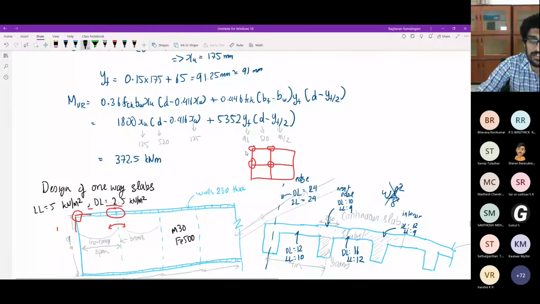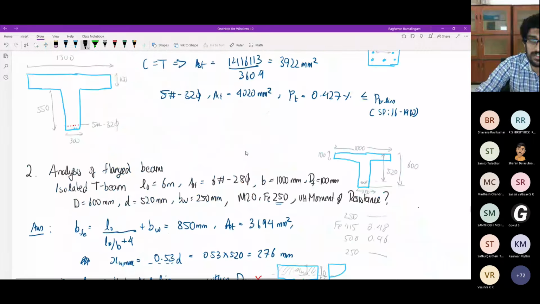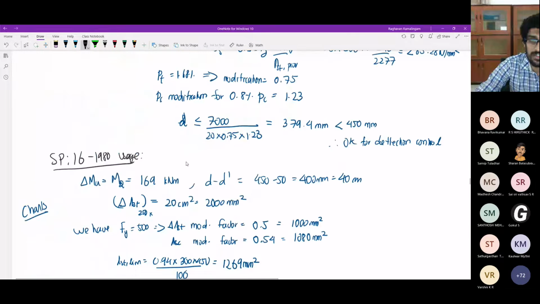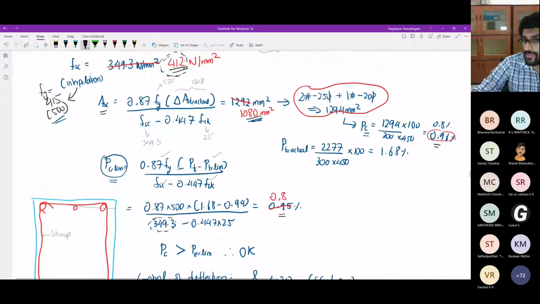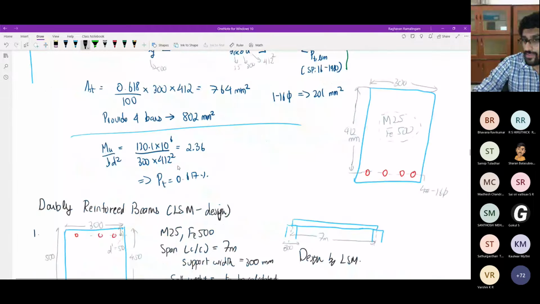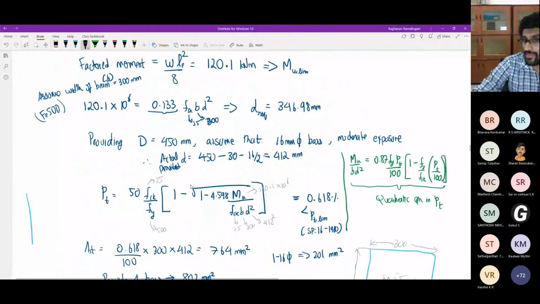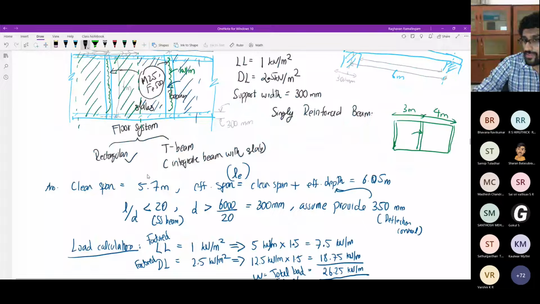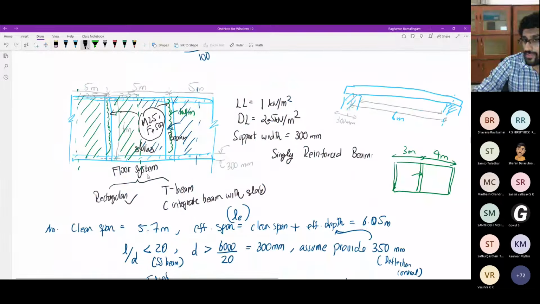We designed it for moment. Now we are doing the same thing for shear. Initially, when we designed this for moment, we assumed some depth 350 mm, but in the end we calculated that it should be 410 mm rather. So we use 410 mm itself.